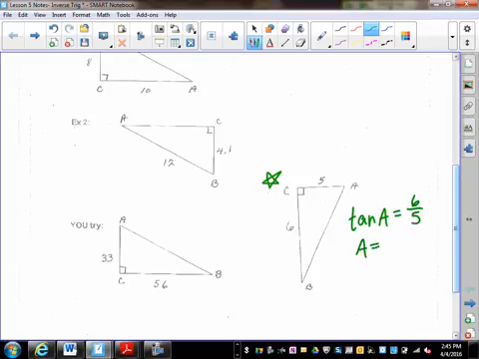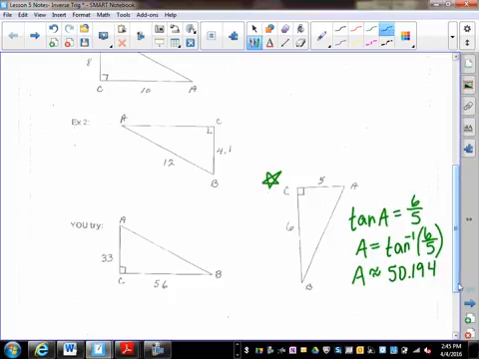So then A would have to be the inverse tangent of that. And what would that give us? It's pretty simple now. So we find the angle so quickly. 50.194.